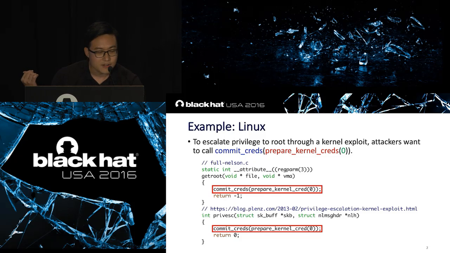The code in the figure is extracted from real kernel exploits in 2010 and 2013, and both of them call those two functions. However, the attacker is required to know the exact address of those functions for a successful exploit.